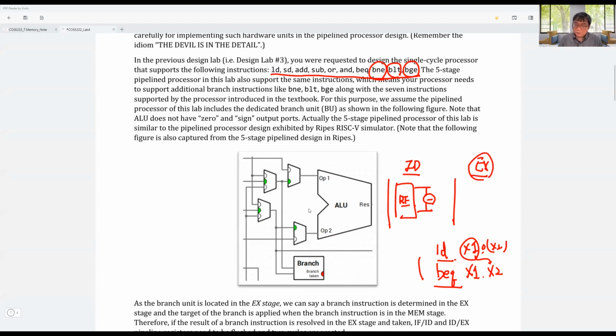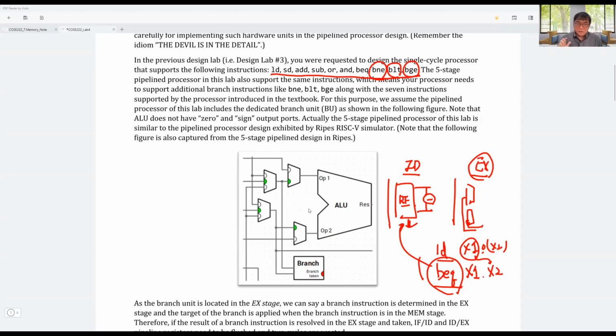The forwarding boxes are in the execution stage, and the results are forwarded from the memory and write back stages. That's the problem. If the BEQ, the branch instruction, is determined in the ID stage, then this BEQ cannot receive the forwarded data from the memory or write back stages. So this BEQ can only receive data from the register file.